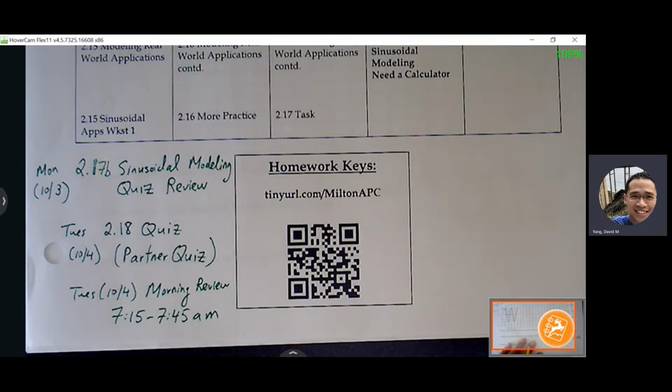But Monday we need to finish up the rest of the packet. You will get to use calculators, and the quiz will look like the quiz review front and back. Any questions? After this, we're going to be done with unit 2, and we're going to move on to unit 3. So don't forget your phones.